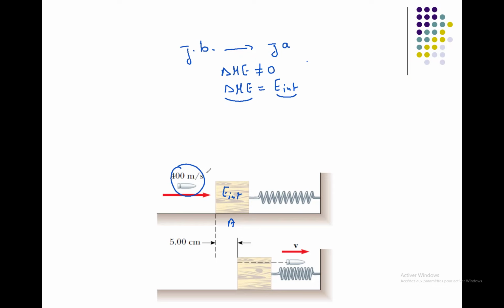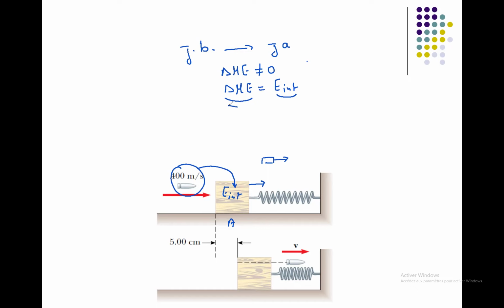This energy or a part of this energy is converted to internal energy, and the remaining part will be converted to the kinetic energy of the box plus the kinetic energy of the bullet final. You can solve any one of these problems.